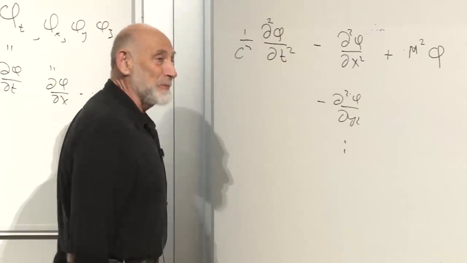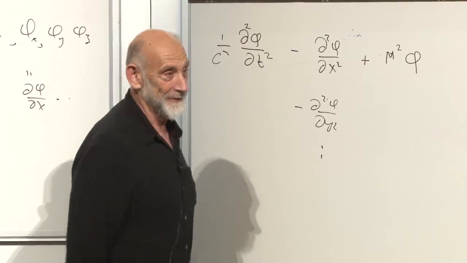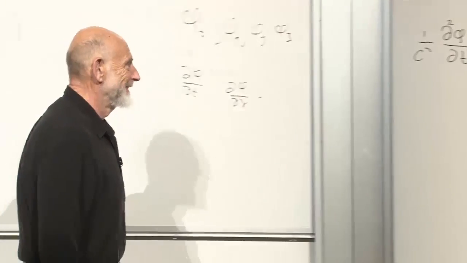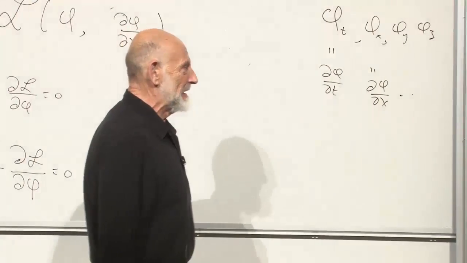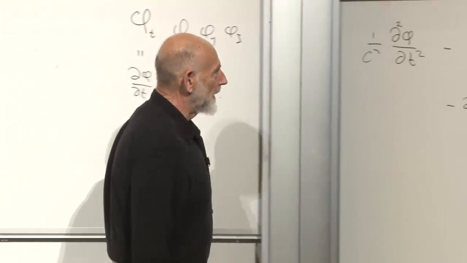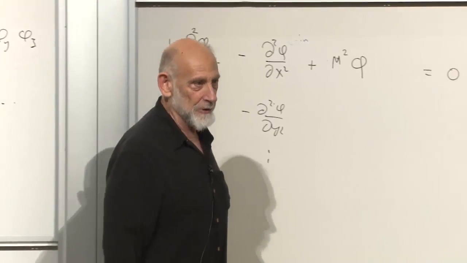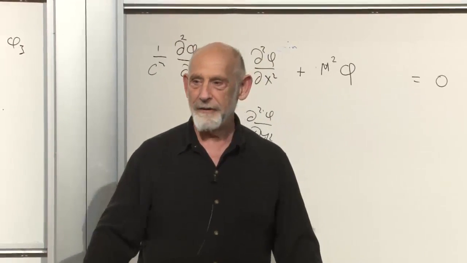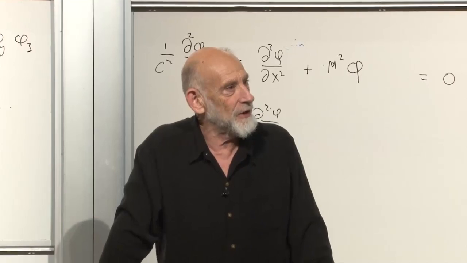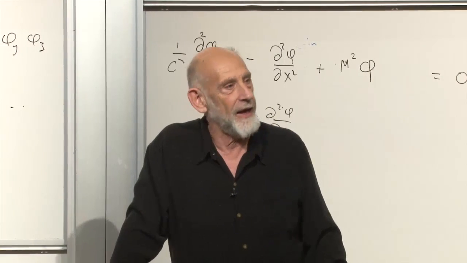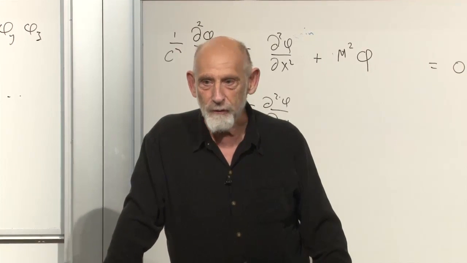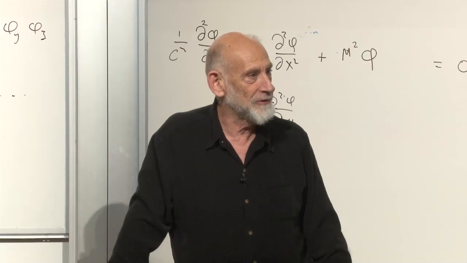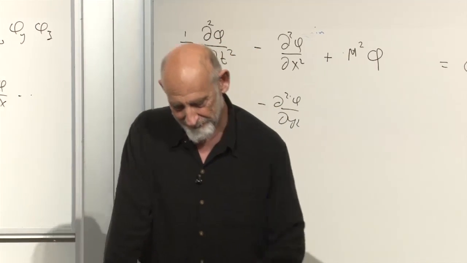That's why the 2's are put in there, so that they disappear. It is the same for the harmonic oscillator. The potential energy is always defined as 1/2 kx squared, just so the force is kx.